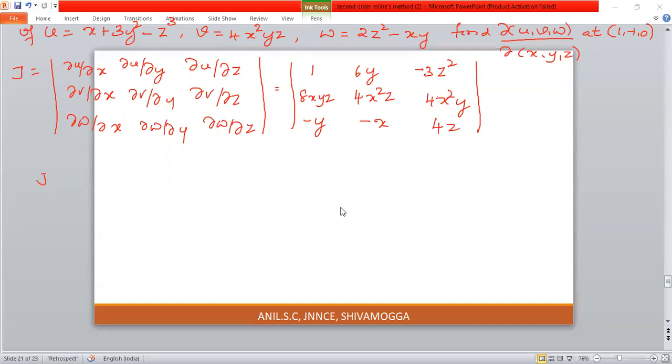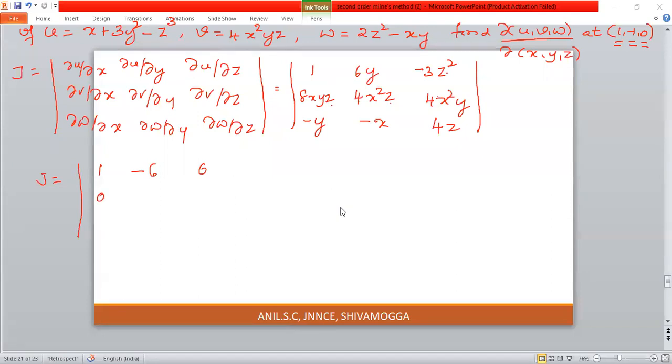Now J is required at a point where x is equal to 1, y is equal to minus 1, and z is equal to 0. Substitute 1. 6y, y is minus 1, therefore 6y is minus 6. And z is equal to 0, therefore minus 3z square is 0. Z is equal to 0, therefore 8xyz is 0.